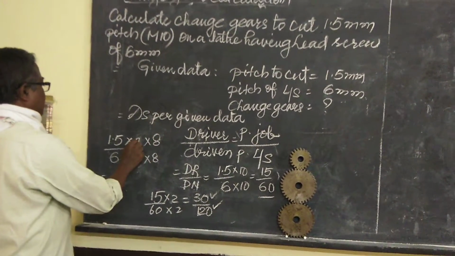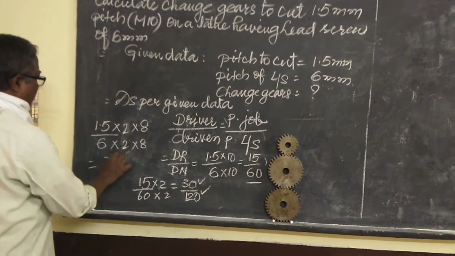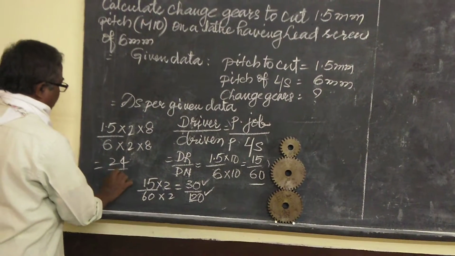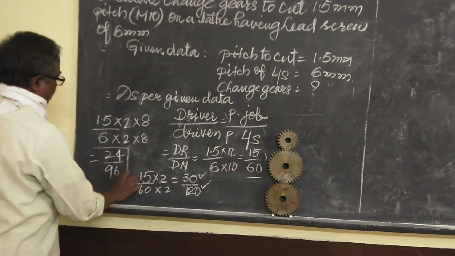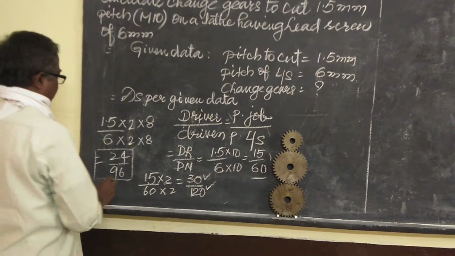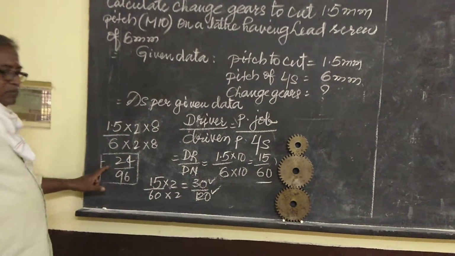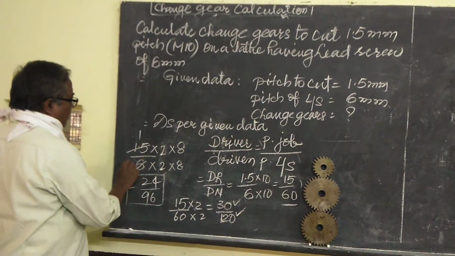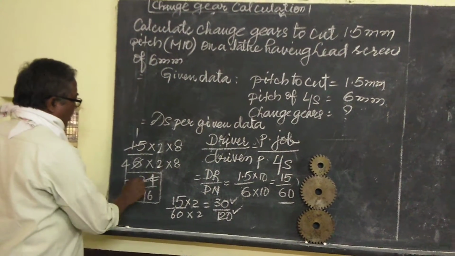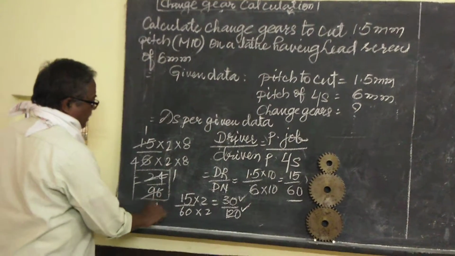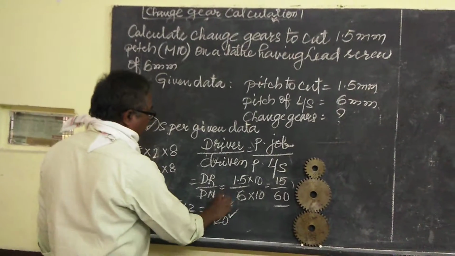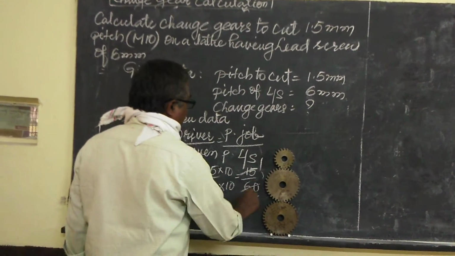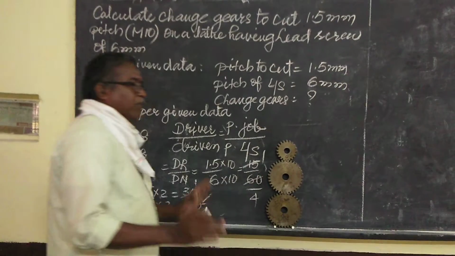Then 8 twos are 16, 8 threes are 24, 8 twelves are 96. 24 by 96 also we can use. So the ratio will be same. Wherever you go, 1.5 into 20 is 30, 6 into 20 is 120; 15 into 1.6, the ratio will be correct.